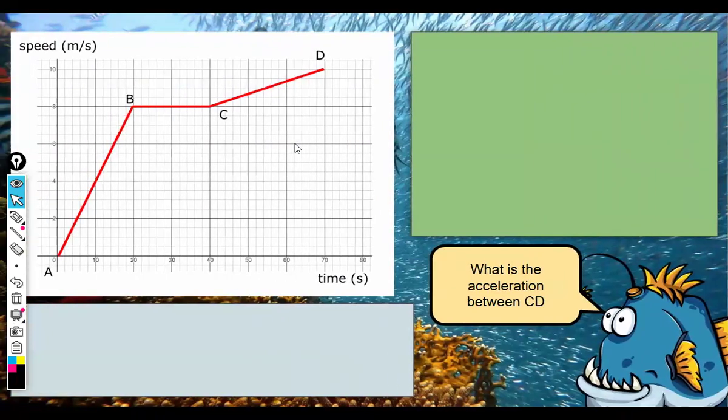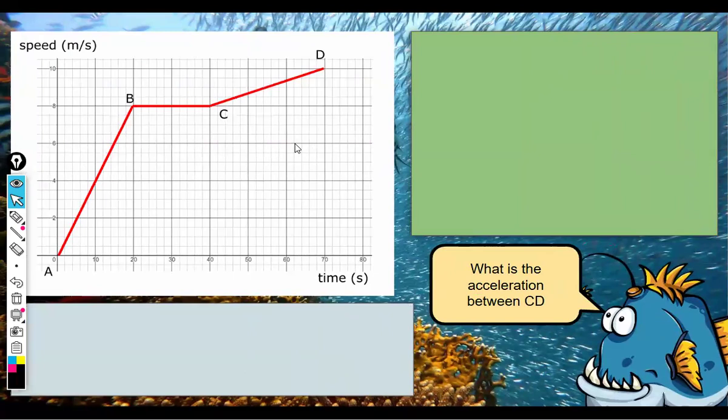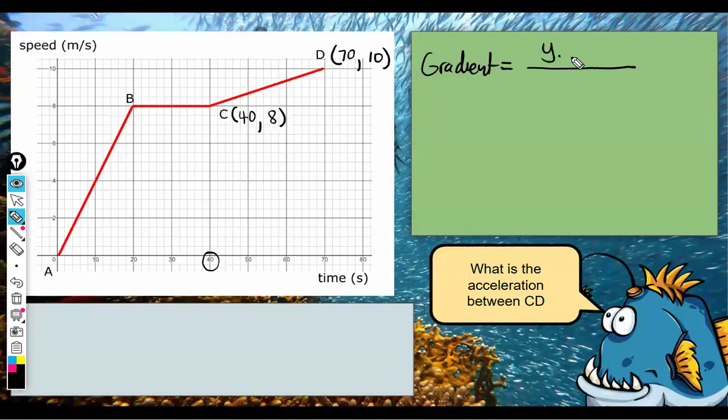What is the acceleration between C and D? Well, it's another gradient question. You just need to get the coordinates of C and D correct. Let's see who is right. Remember, we find gradient as usual again, right? Y2 minus Y1 divided by X2 minus X1. Let's throw it in.